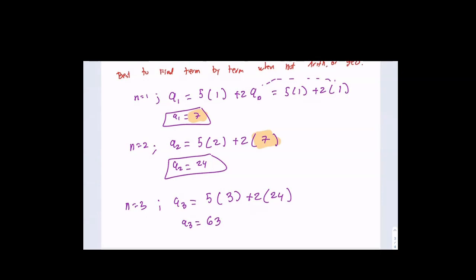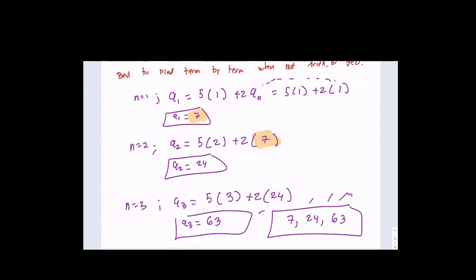The adding and the multiplying and the evaluating of 5 times 3 plus 2 times 24 is not a lesson objective for us. Getting it to that point and then letting technology do that multiplication and addition for us, or the evaluation, is perfectly fine. And so my first 3 terms would be 7, 24, and 63.